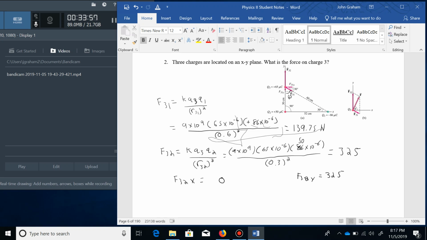Now, the more complicated one, it's not that complicated, but the F31X is going to be the 139.75 cosine of the angle. Now, the angle that we have to use here is going to be, since we are looking at 30 degrees coming from the x-axis. That's how we know that we want to use it, because it comes from the x-axis. And so we'll have cosine 30 degrees, which is going to be equal to 121 newtons.